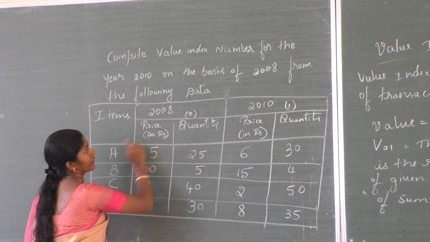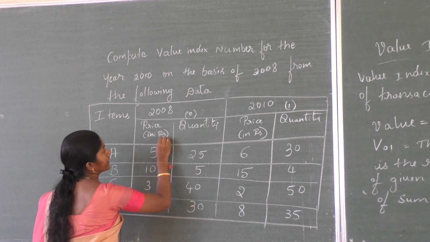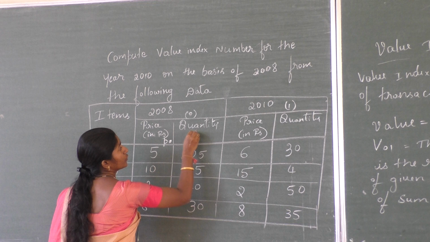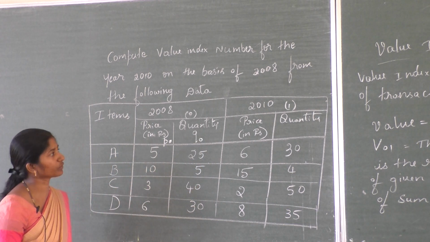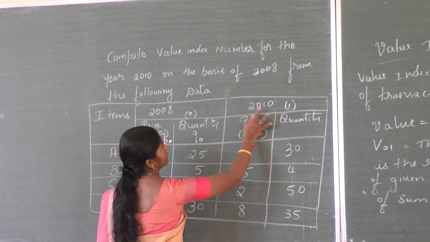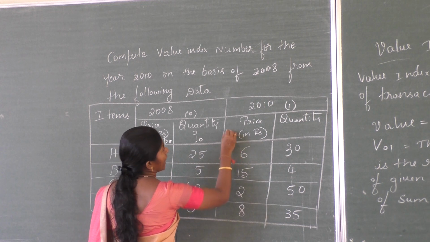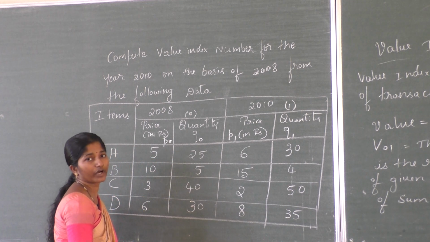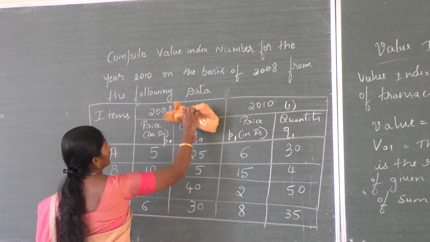Price is given, P0, and quantity Q0. Then for 2010, the current year, price P1 and quantity Q1.